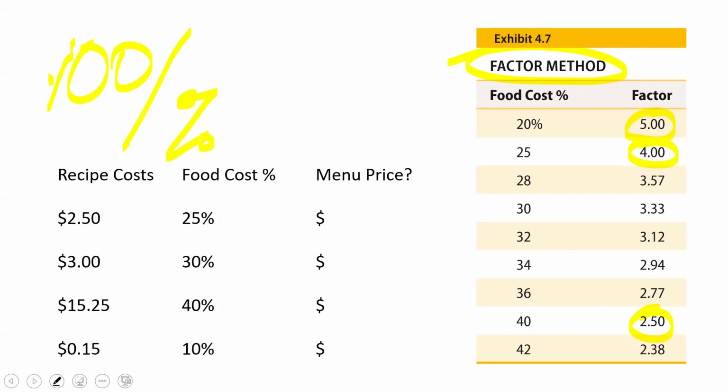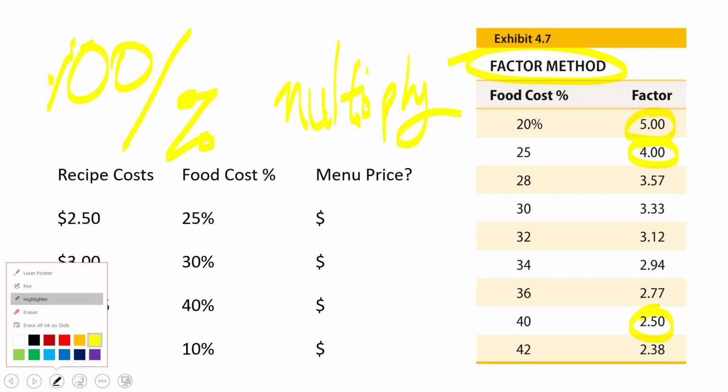Whatever our desired percentage is, we want to divide 100. Then we want to multiply the cost by that factor. Okay, by that factor. So let's do the first one.